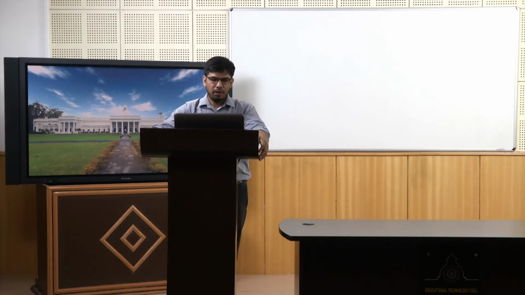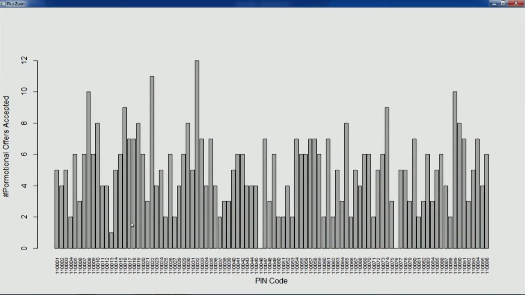So we generated a bar plot, which you can see here, and we wanted to analyze it to understand whether some of the categories can be grouped together. If we look at this graphic, we can see that some of the bars have 0 values. Some of the pin codes have 0 values, so 0 offers have been accepted in those locations.